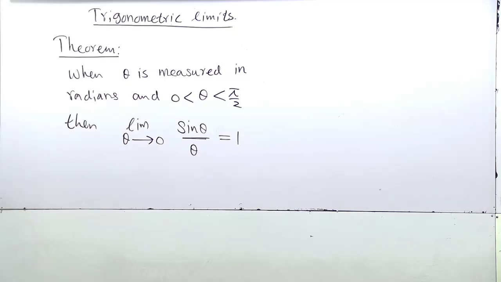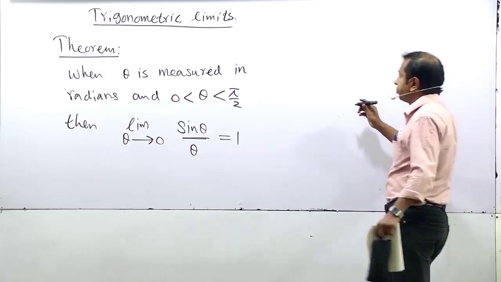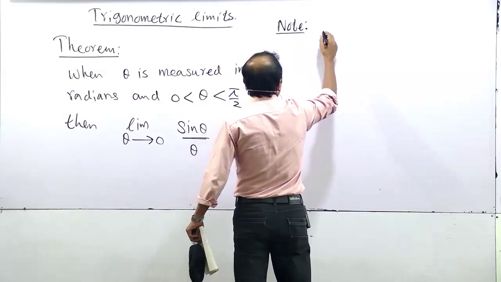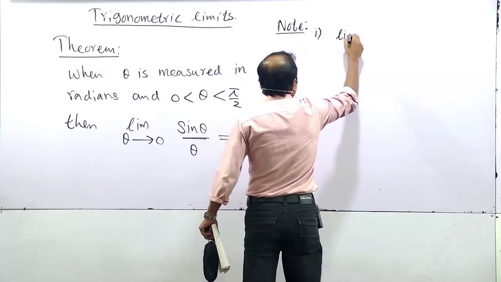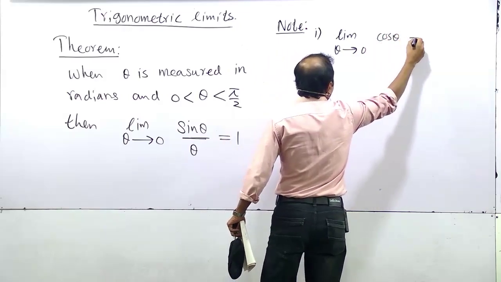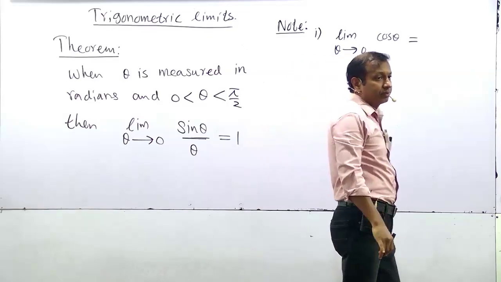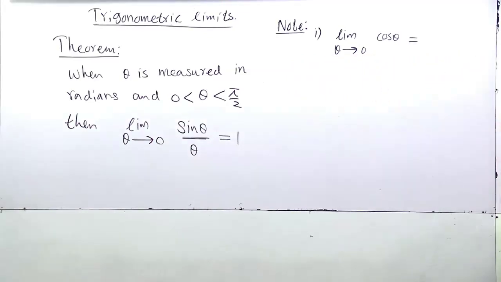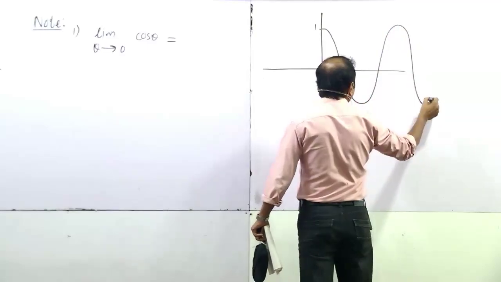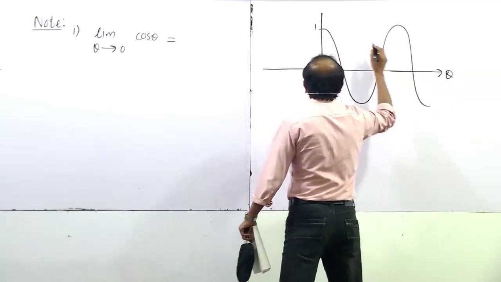Right. We can write the next note. Note number 1. Limit theta going to 0 of cos theta. Can you remember the cos theta graph? The cos theta graph we learned in trigonometry. When theta equals 0, cos theta is 1, the graph was like this.